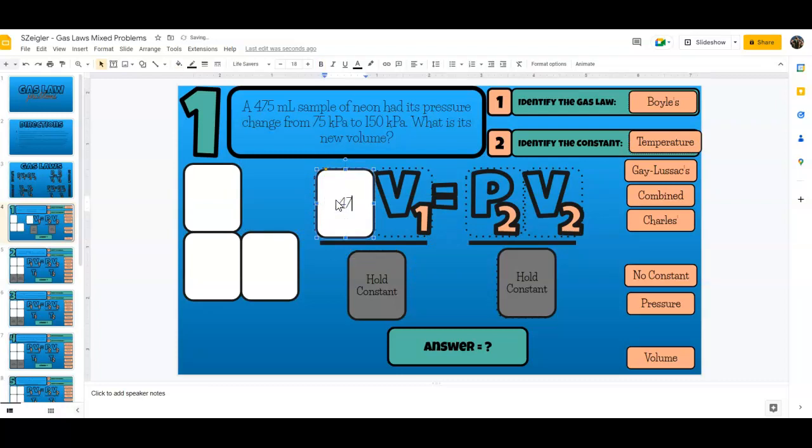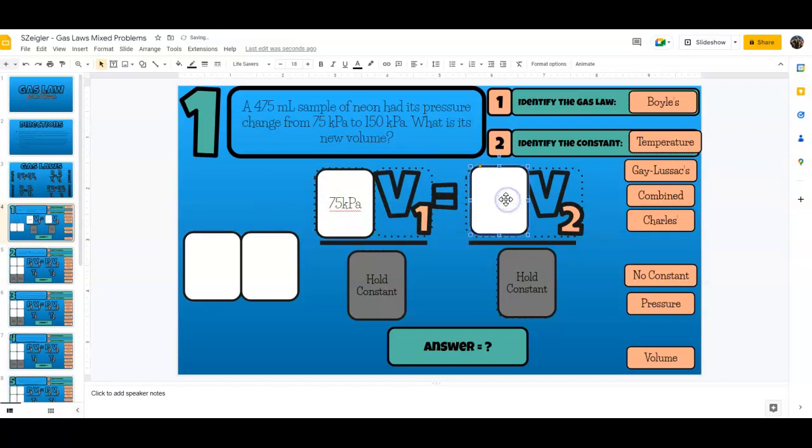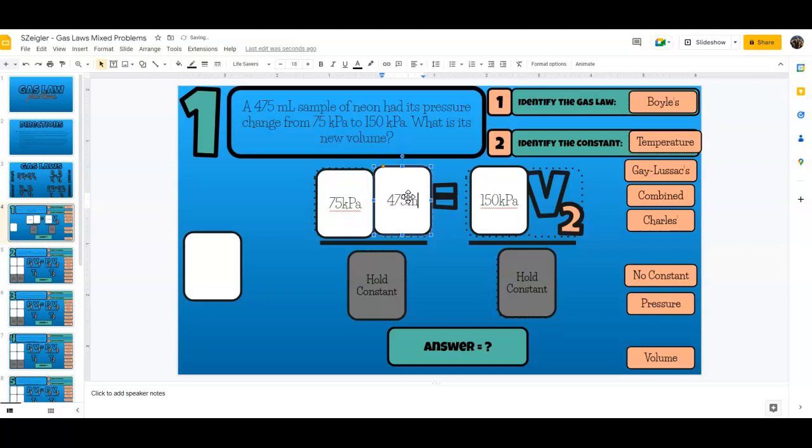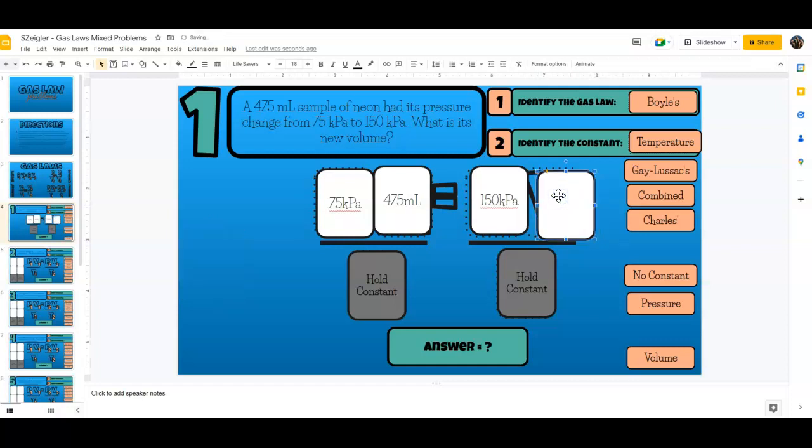Then you put the white in the different places so that you can type in your information. Here, this is pressure, so it's 75 kPa. Over here, this is pressure 2, which is 150 kPa. And then I have a volume right here, which is 475 milliliters. Mathematically, remember that you multiply the numbers that are next to each other and then divide by the number that is by the variable.